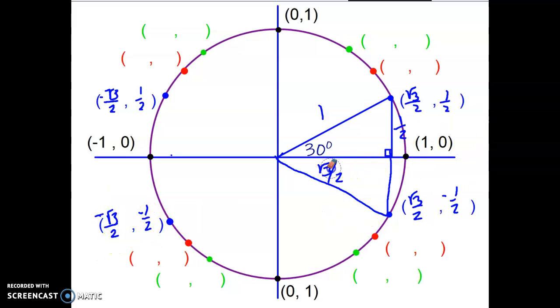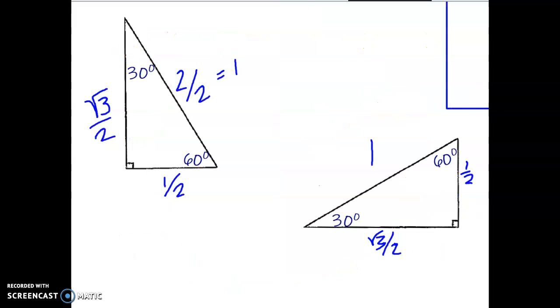Okay, remember what we said in the last video about the sine and cosine and tangent and when they were positive and when they were negative? That matches with what we have here. We can see that I have positive, positive, all of them are positive here. In the second quadrant, we said that cosine was going to be negative and sine was going to be positive. Okay, so let's go back and look at our original triangle for 30, 60, 90. Let me put it back like it was at the beginning.